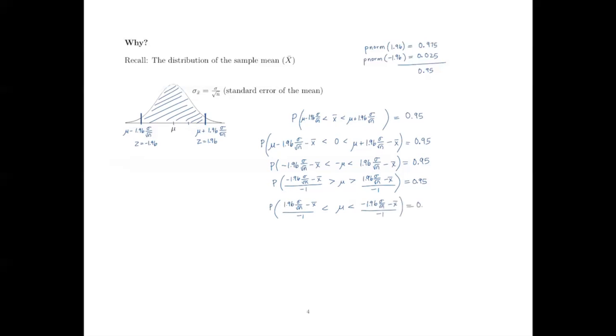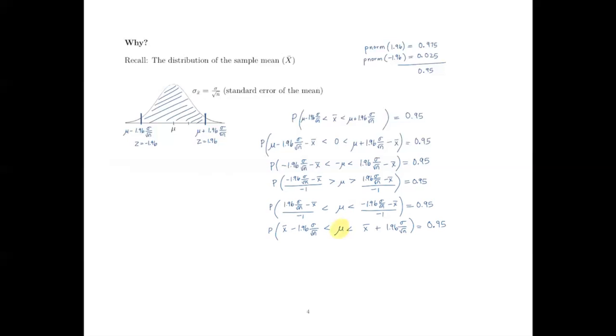All of that has a 95% chance of being in there, and then we can simplify this a little bit. If I divide by minus 1, x bar is going to be positive now, minus 1.96 sigma over the square root of n, and on the other side, x bar is positive, and so is the 1.96 sigma over the square root of n. All of that algebra just to get this piece here.